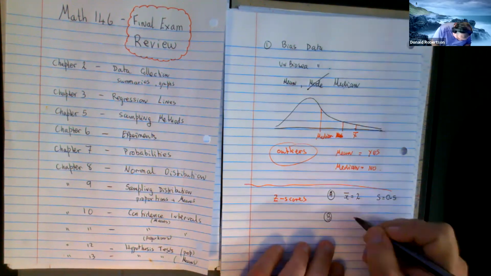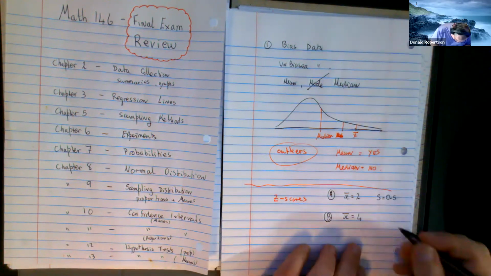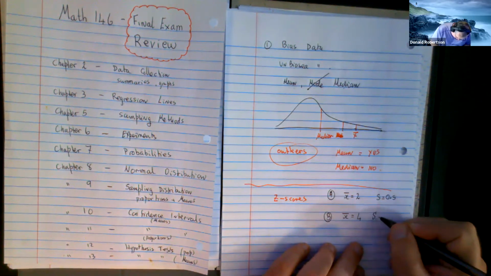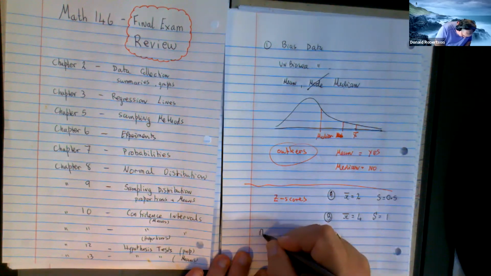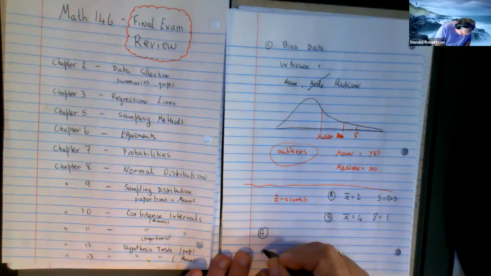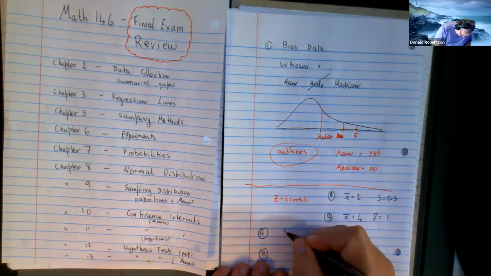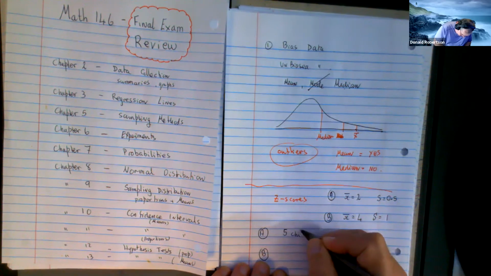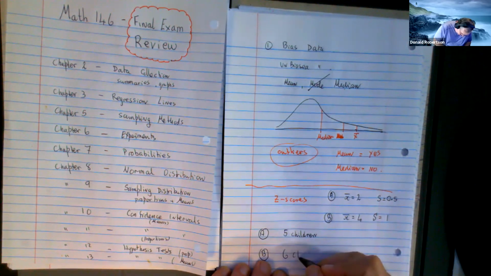In country B, the average was 4 children in the family, and the standard deviation was, say, 1. And you had somebody in country A and somebody in country B. In country A, this family had 5 children, and in country B, this family had 6 children.